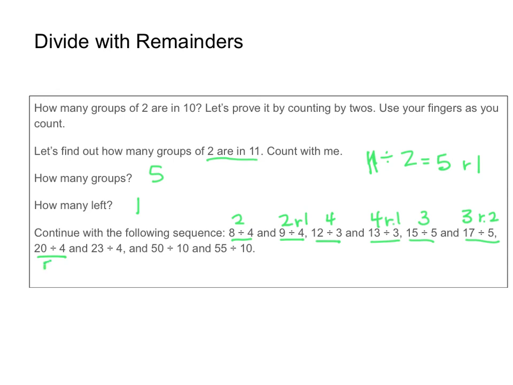That gives us 5. Well, to get to 23, we still have 5 groups of 4, but we have 3 left over to get to 23. We don't have quite enough to get to 24.